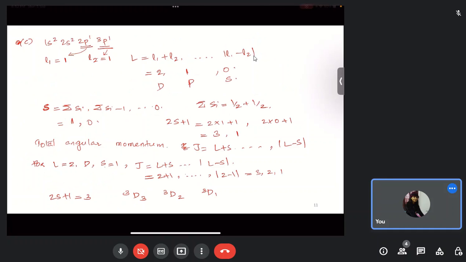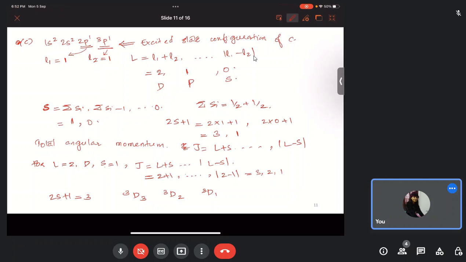So this particular excited state configuration of the carbon atom can give rise to three different L values, and every L value can have two different S values, which give rise to two different spin multiplicities, and depending upon the L and S combinations that we are taking, it can have different J values.